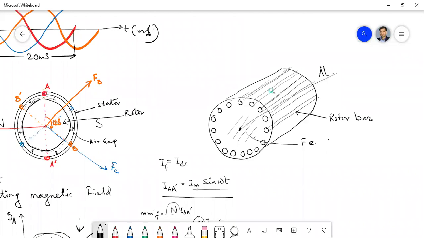Skewed means there is some angle between this axis and the rotor bar. If this is the rotor bar, then this will be the axis. So there will be some angle. Purposefully, it is made like that.